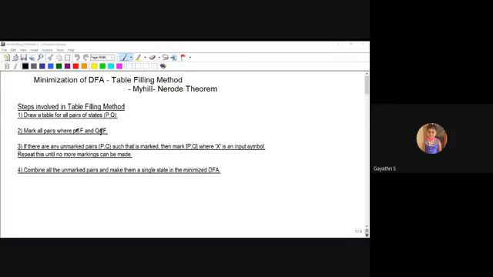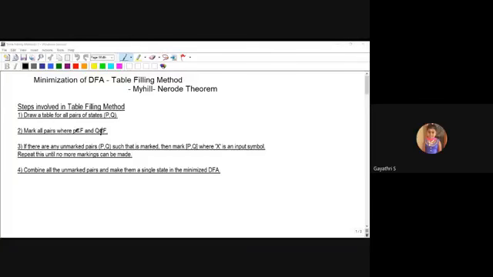Your given automata is a DFA. In the first step, we draw a table for all pairs of states P comma Q. In the second step, mark all pairs where P belongs to F and Q does not belong to F. Here F means final state. A state P belongs to the final states, and the other state Q does not belong to the final states.